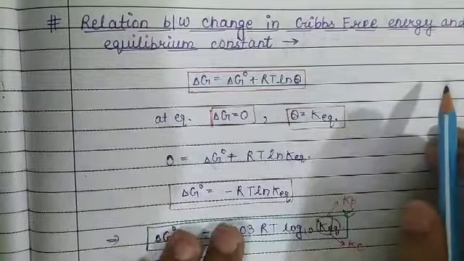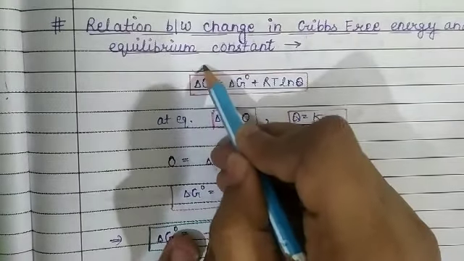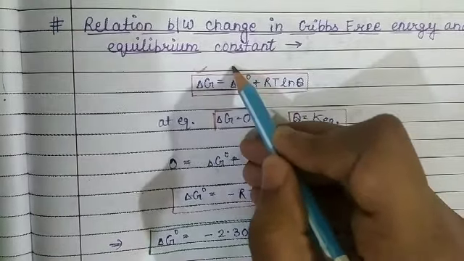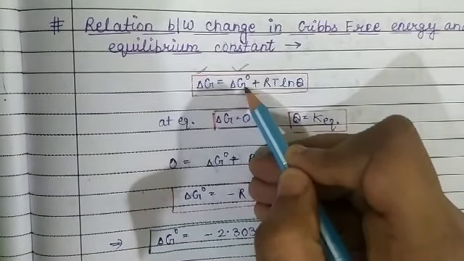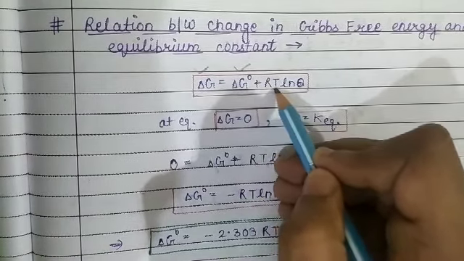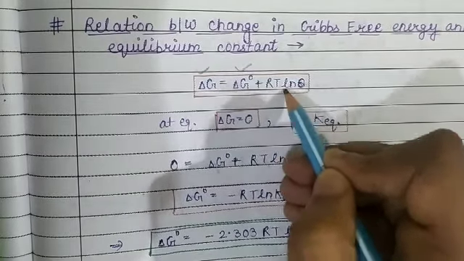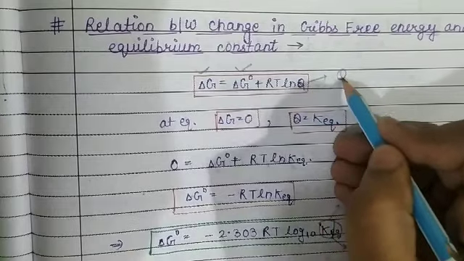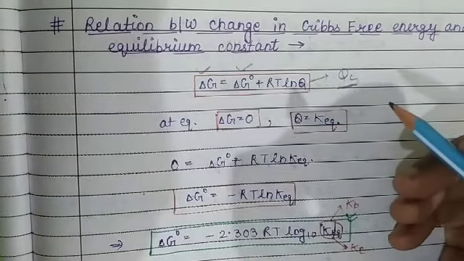As we know, according to the relation, delta G, the change in Gibbs energy, is equal to delta G naught, the standard change in Gibbs energy, plus RT ln Q, where Q is the concentration quotient.